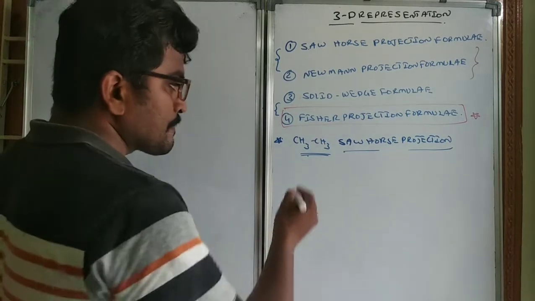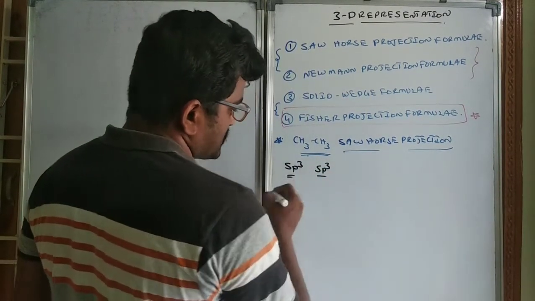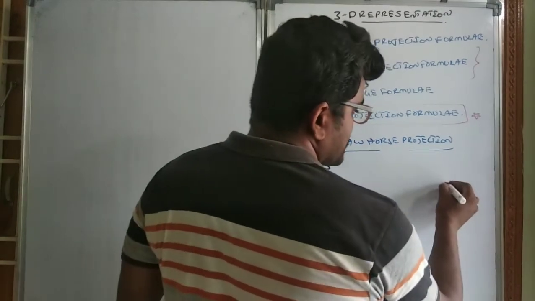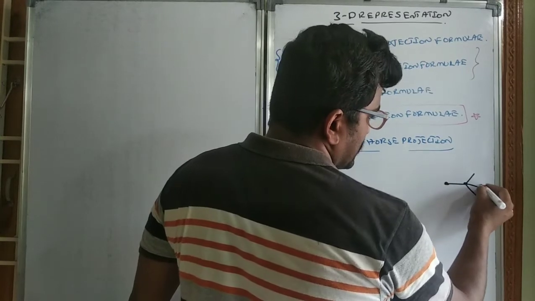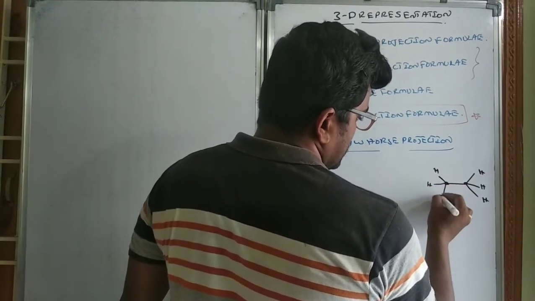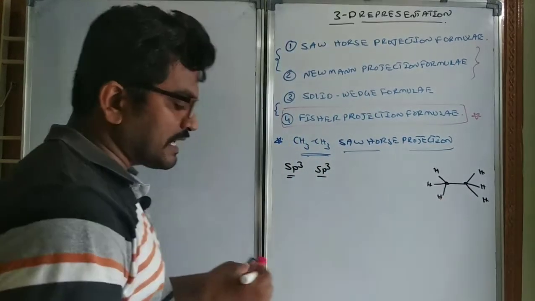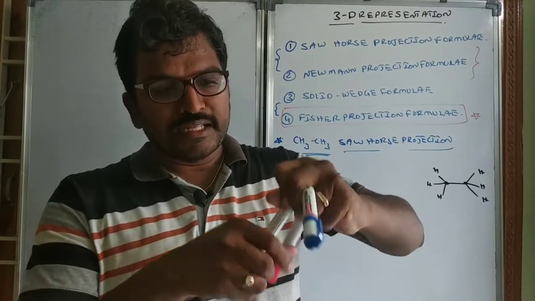Let us see. In ethane, the carbon is present in sp3 hybridization. Since it is sp3 hybridized, the carbon atoms will be like this and hydrogens will be present on the carbons like this. If this is the carbon atom, 1, 2 and 3 will be there.